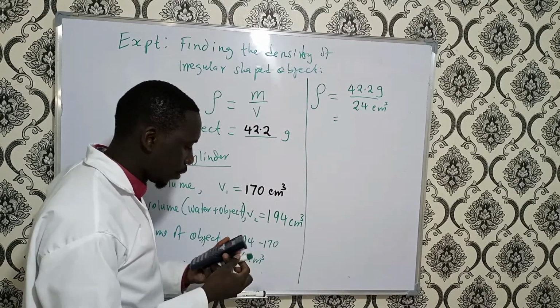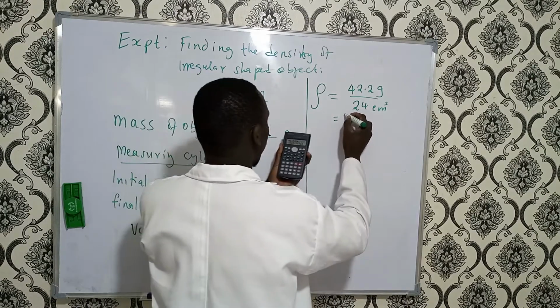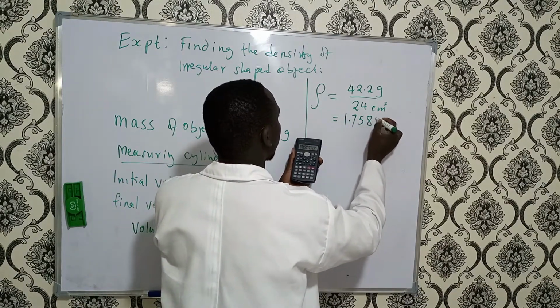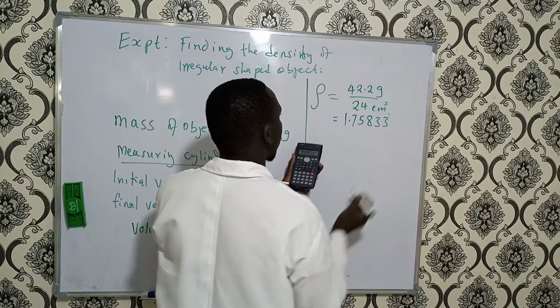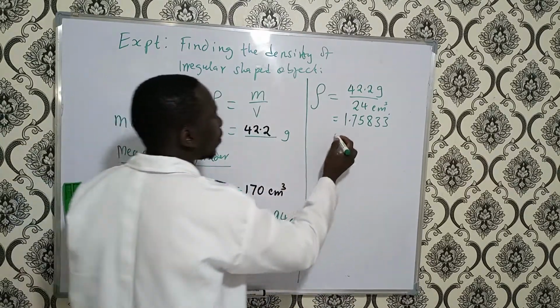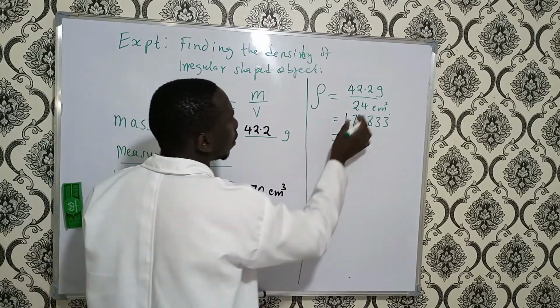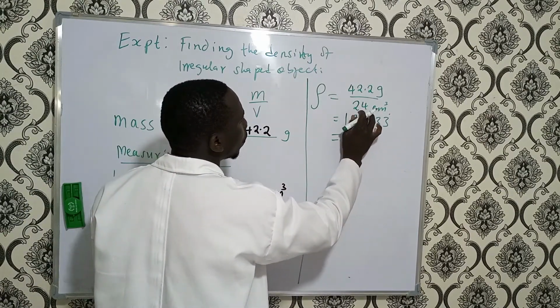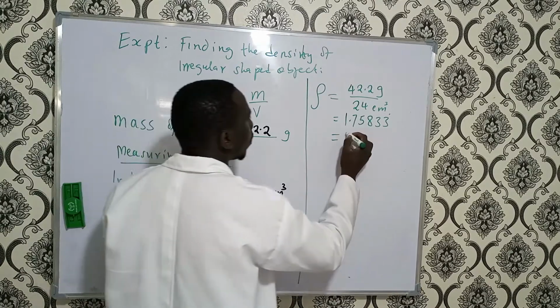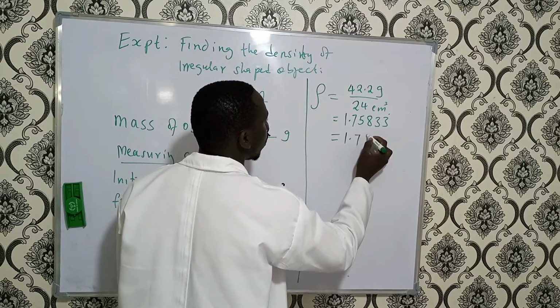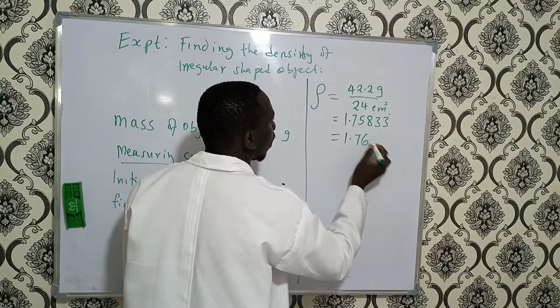From the calculator, that gives us 1.75833 recurring. Now we're supposed to give our answer in a suitable number of significant figures. So that will give us 1.76.